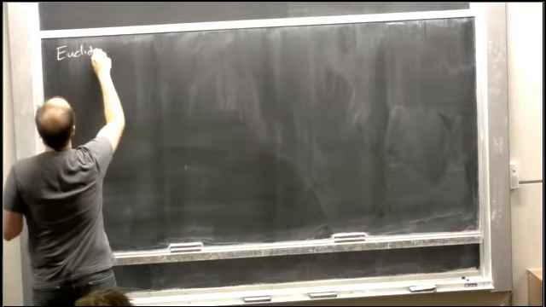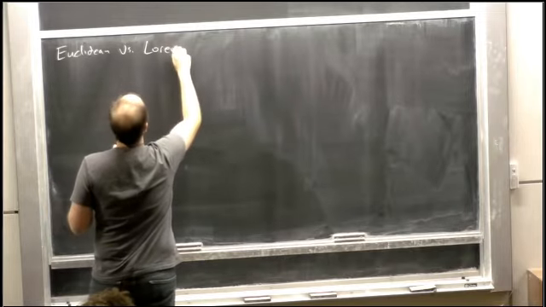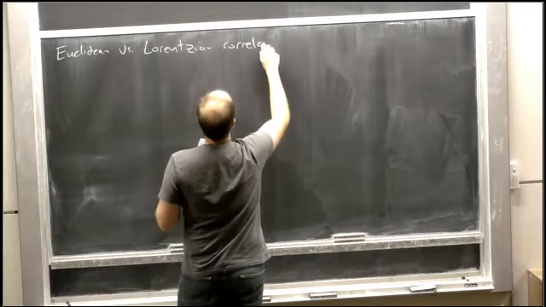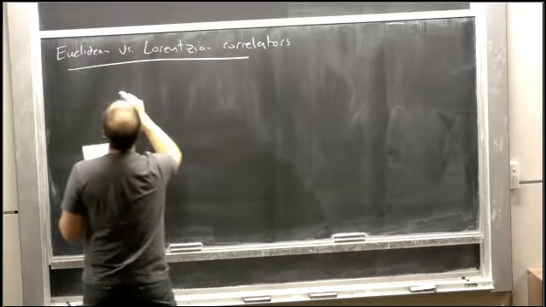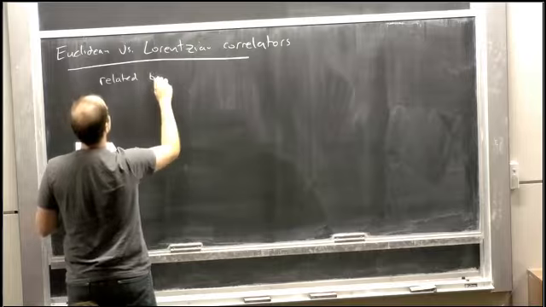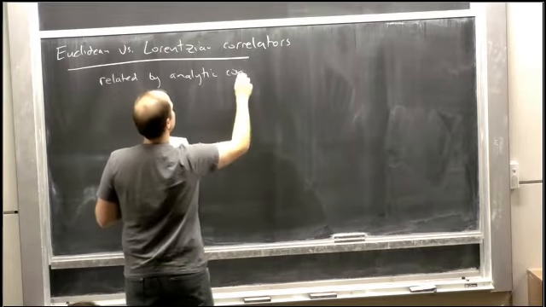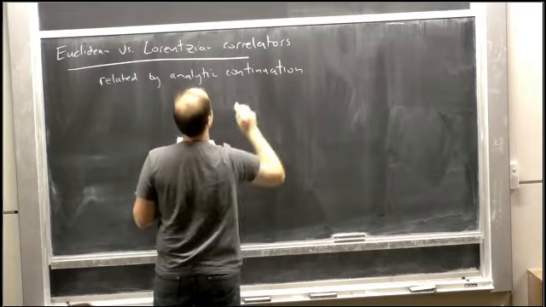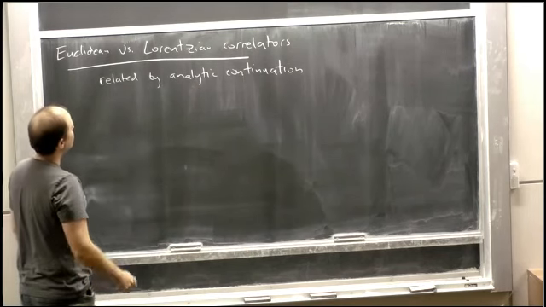We're going to look at Euclidean versus Lorentzian correlators. And these are related by analytic continuation.